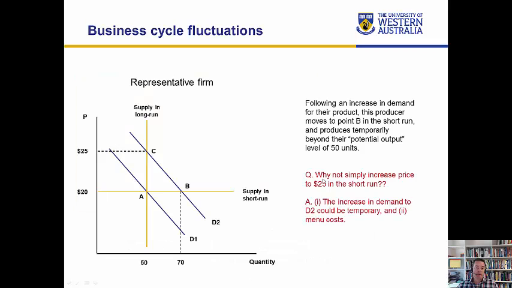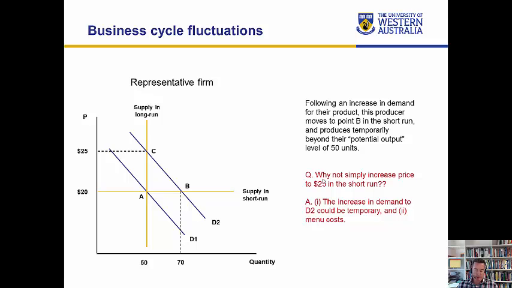So that's short-term fluctuations. In terms of business cycle fluctuations, you do need to understand what causes them, and I've put a reading up on LMS to help you understand what causes business cycle fluctuations, and I've got a simple representation of a supply curve, two demand curves, and a long run supply curve for a representative firm.